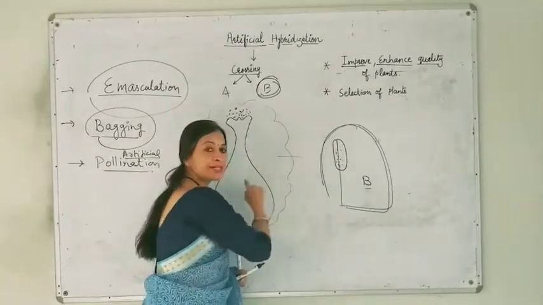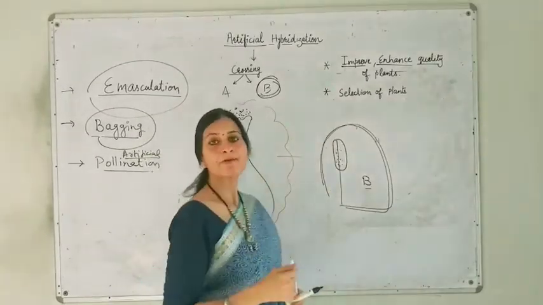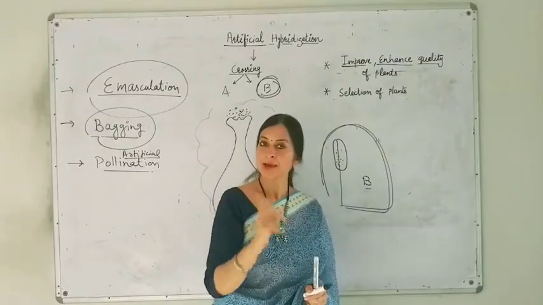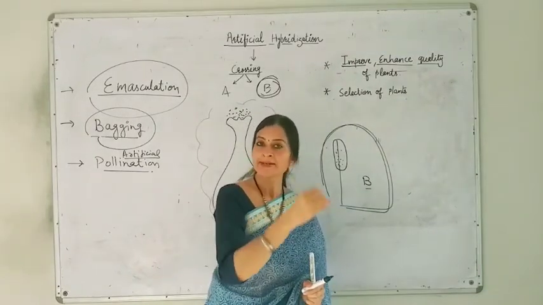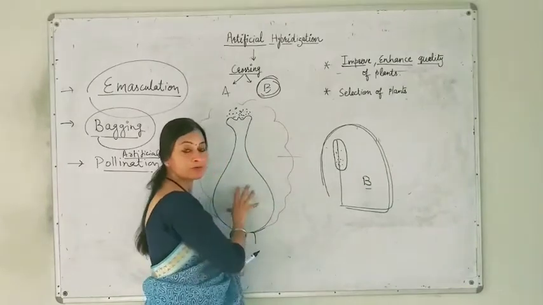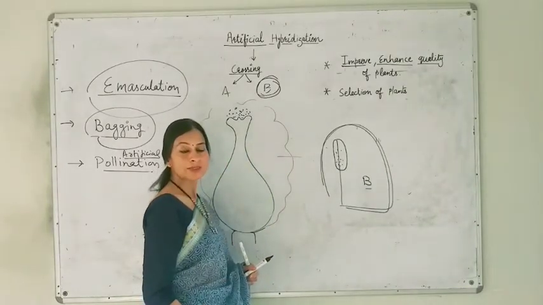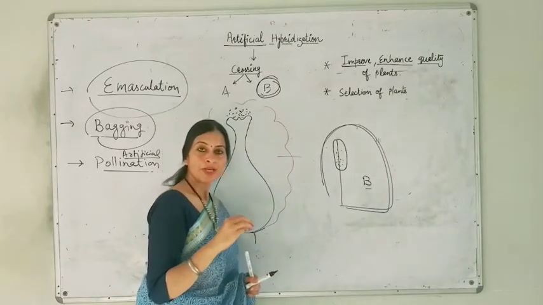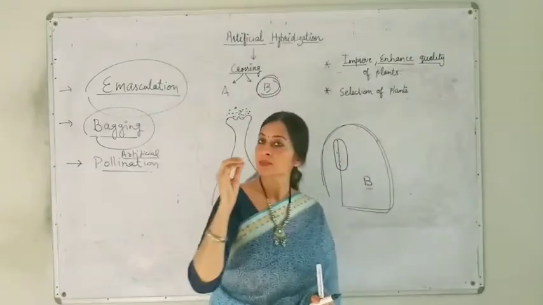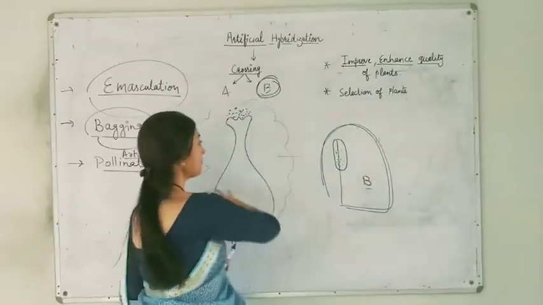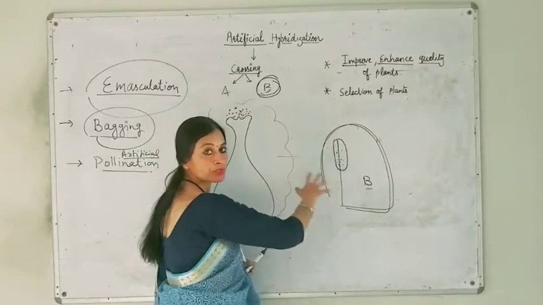So this pollination is under our control. We have pollinated this flower with the desired pollen that we want. We have prevented natural pollination by bagging both of these structures.